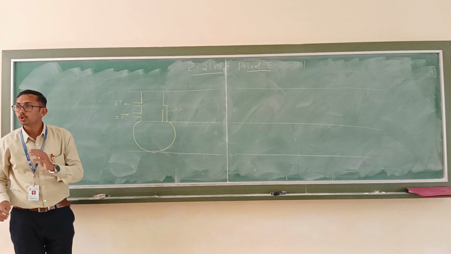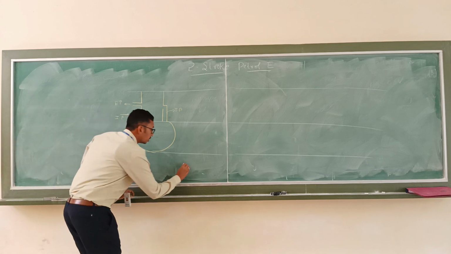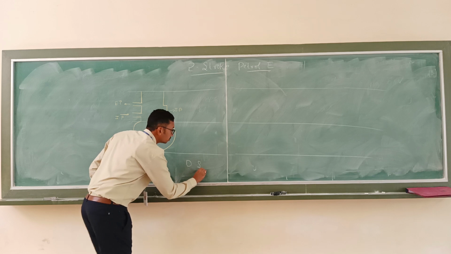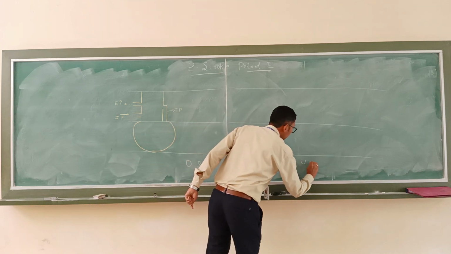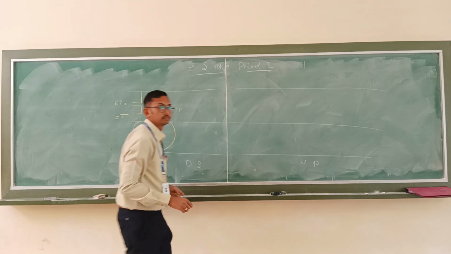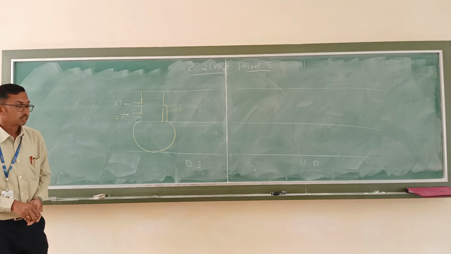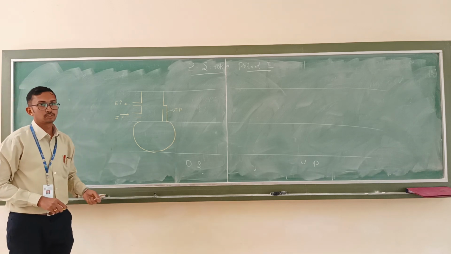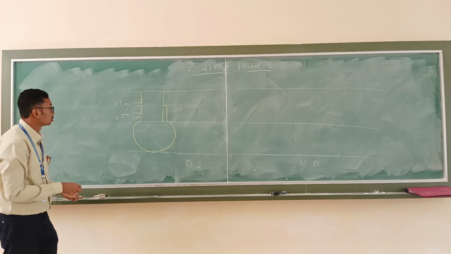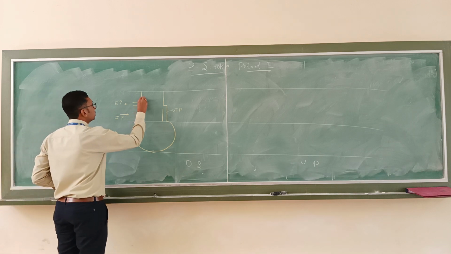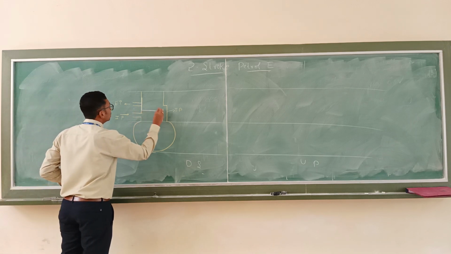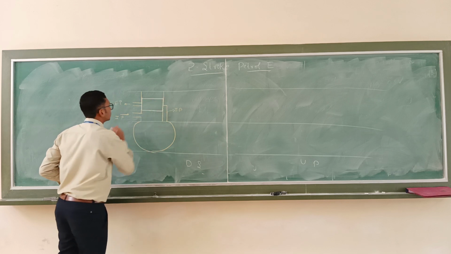As I told, it will be having a downward stroke, and the next one will be an upward stroke. Okay. So during the downward stroke, what are the things we have to write? What is this?